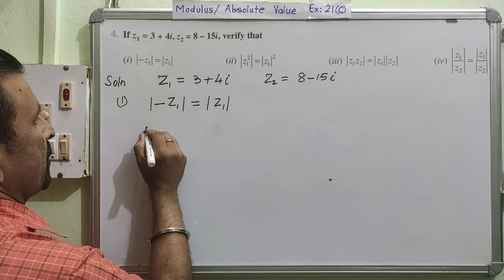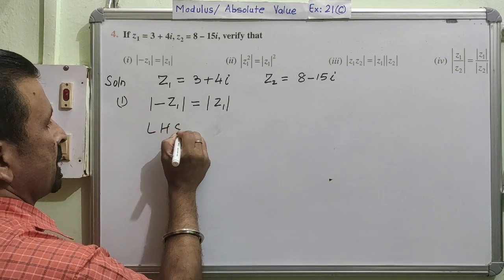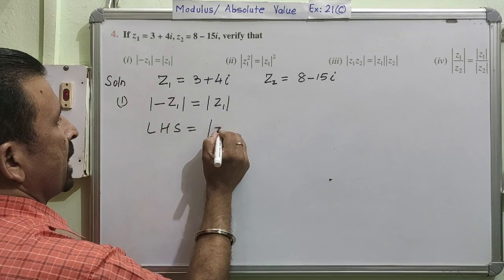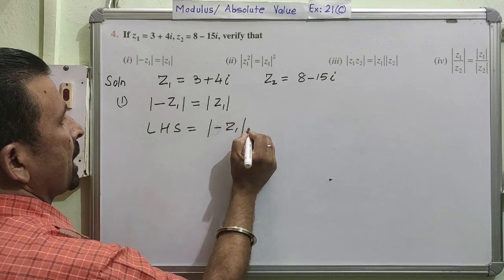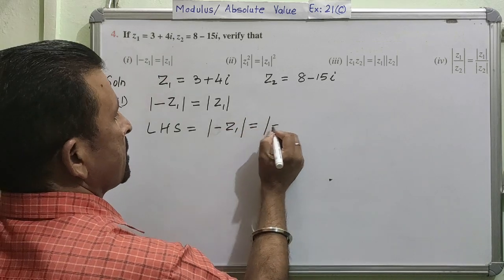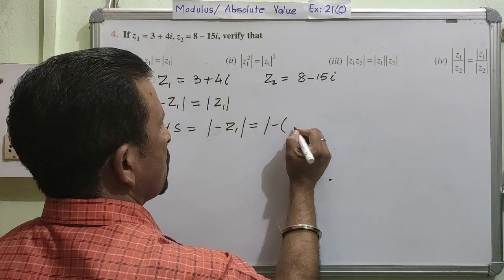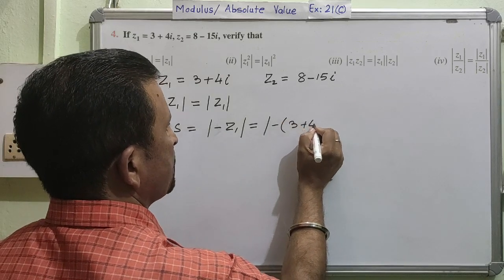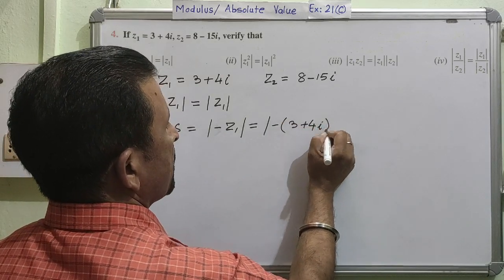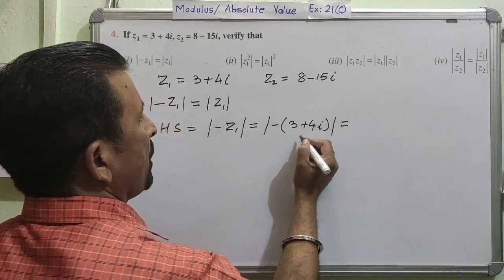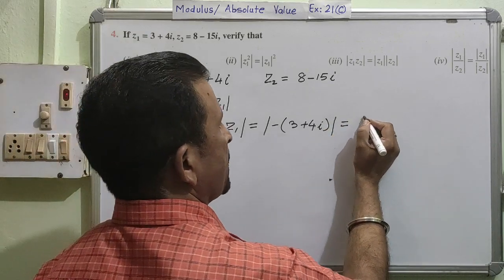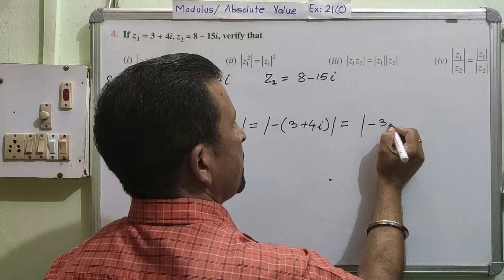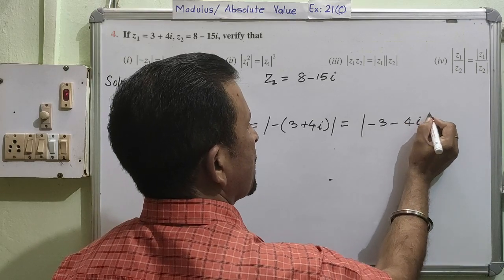Now we will calculate the value of the left hand side. Left hand side is equal to the modulus of negative Z1. Now negative, and Z1 is 3 plus 4i. So we can have negative of 3 plus 4i, and then when we open the bracket, the signs will change. So it will become negative 3, negative 4i.